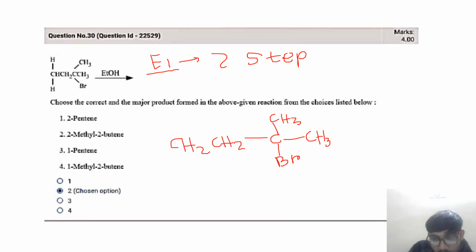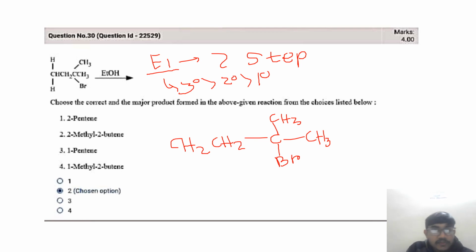How did I confirm that this is an E1 reaction? Because of the order you know very well: 3 degree, 2 degree, and first degree. Even if you consider it as E2, there is no problem, you are going to get the same product. They have not specified, but if they had specified a protic or aprotic solvent, then you would have to decide accordingly, which I have taught you in the lecture.